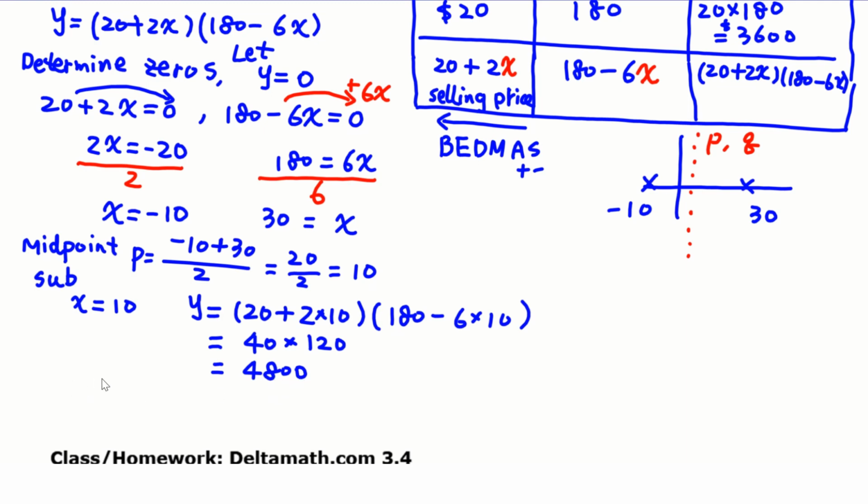So this is your vertex, 10, and the revenue is 4,800. So we are going to write a statement.